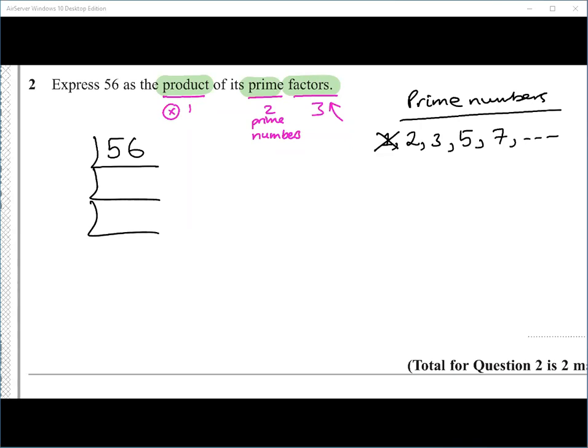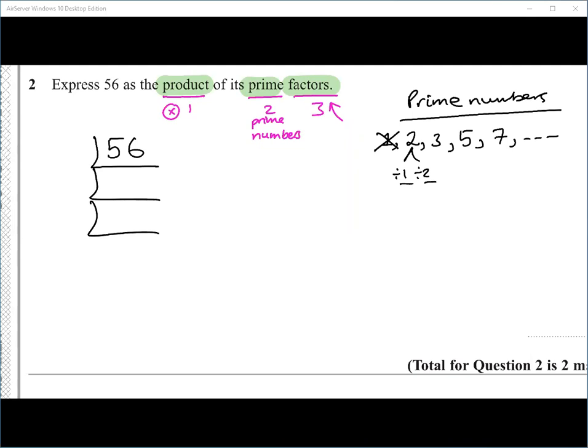The number 1 divides by 1 and itself, which is the same number. It has to be 2 unique factors. Like the number 2, it will only divide by 1 and 2. It can't be a repeated factor. So number 1 doesn't qualify because it has a repeated factor, which is no good. You can't join the club of prime numbers.